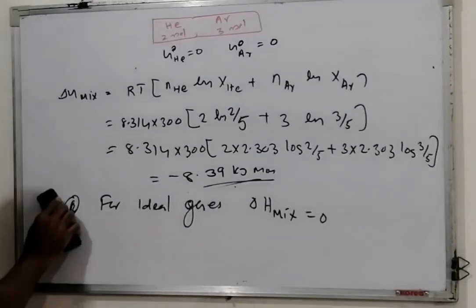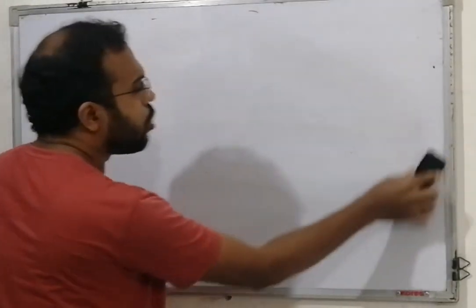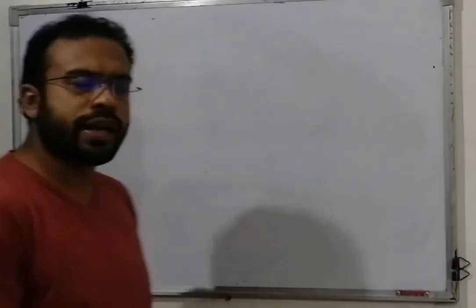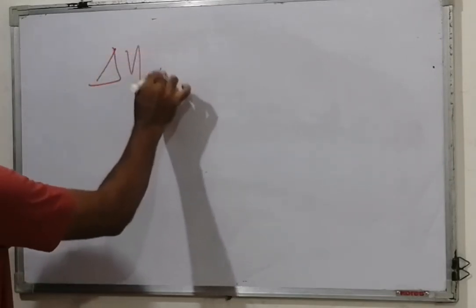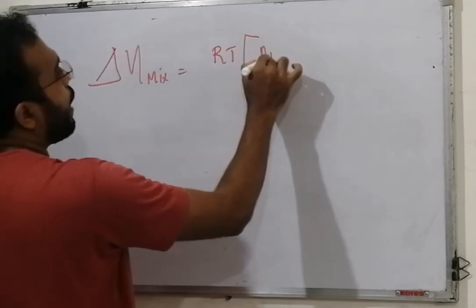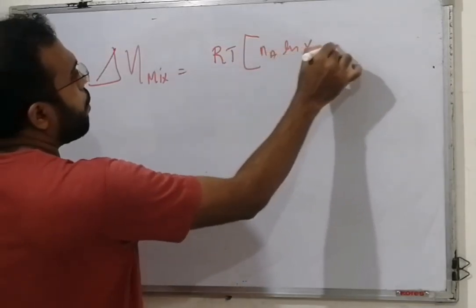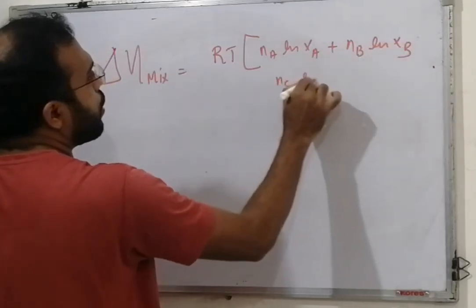This is only one question. There are multiple questions in different examinations, and all can be solved by these equations. Once again I write the equation here. Delta G mixing is equal to RT (NA ln XA plus NB ln XB plus NC ln XC).